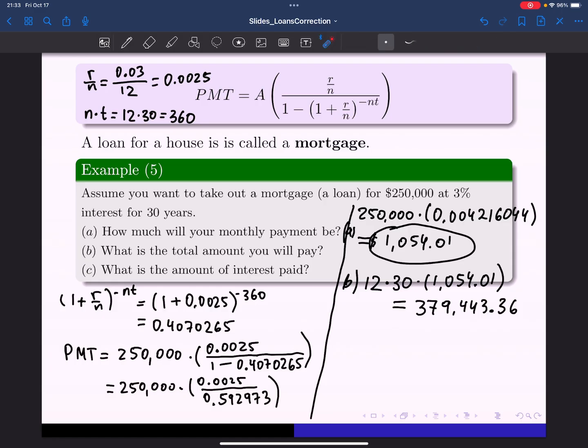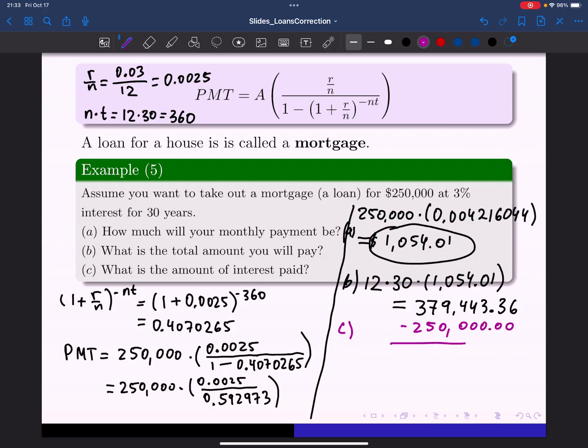Now for part C, what is the amount of interest paid? So this is what we paid over 30 years. Subtract the original amount, and that would be what we paid to the bank, 250,000.